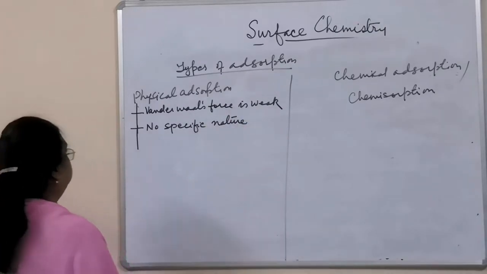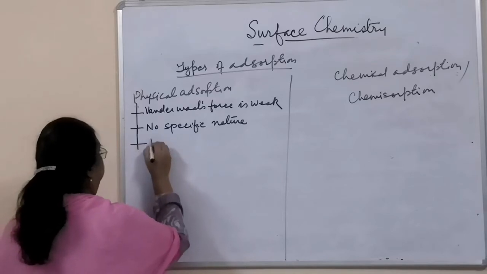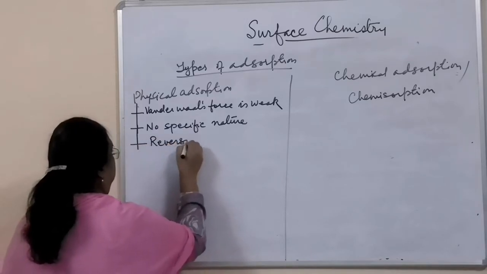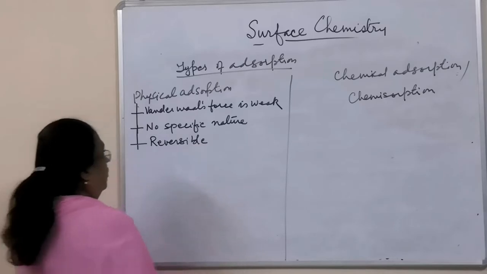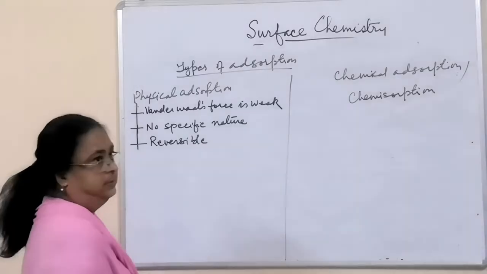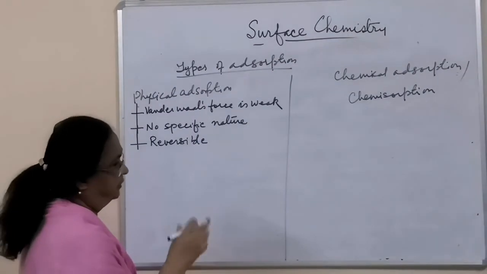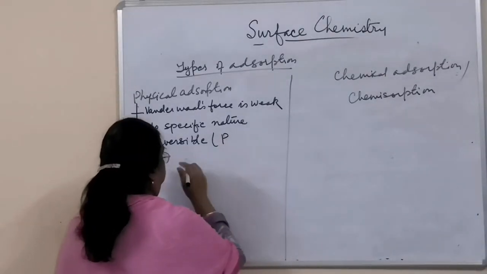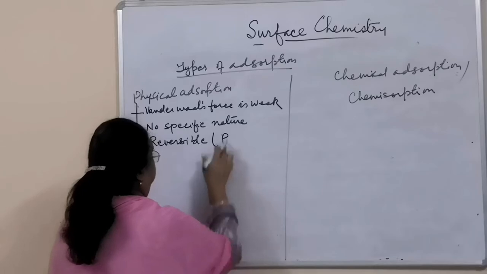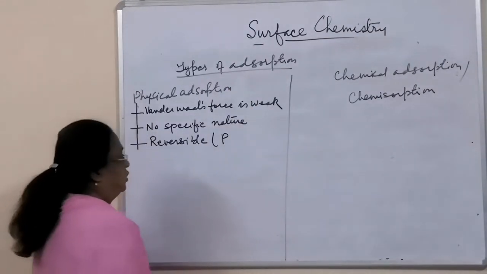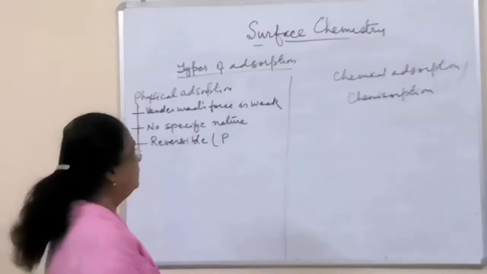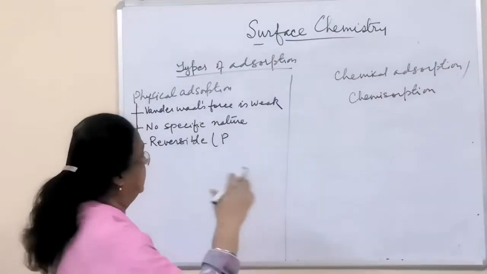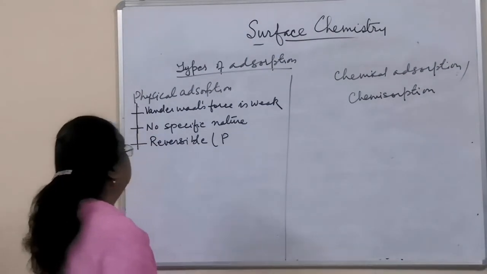Then this is reversible. Reversible means once gases are adsorbed, they can be removed. Adsorption is directly proportional to pressure, so if you decrease pressure, then the adsorbed gases will be given out.